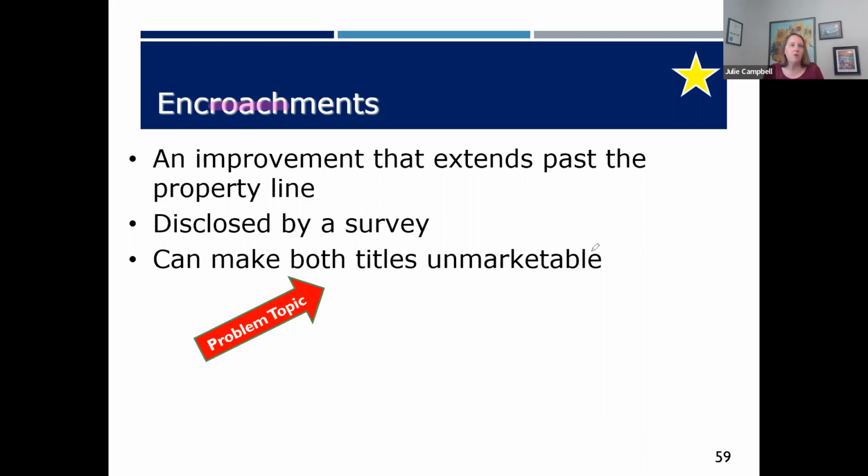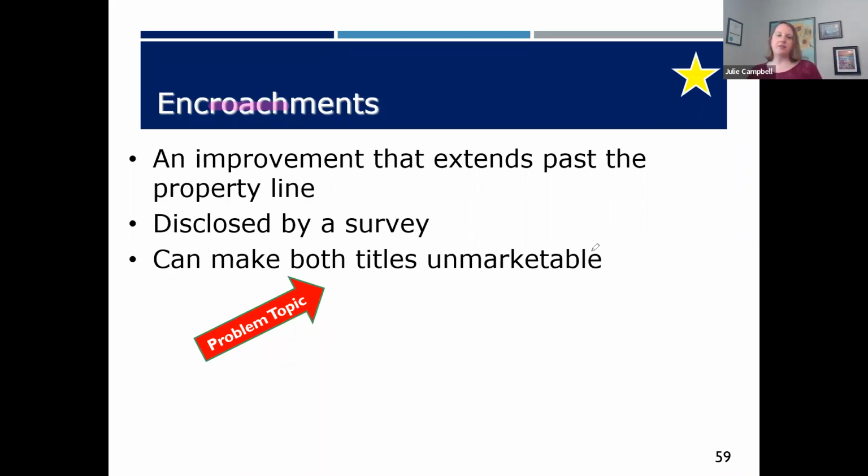The problem is when the homeowner doesn't have a survey to identify their property lines before they put the fence up. We're going to talk about surveys in Unit 4. We will see that on Thursday. The only way to identify an encroachment is to have a survey done, have a licensed surveyor come out and identify the property lines.